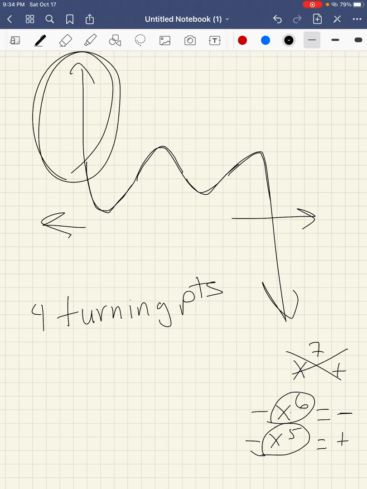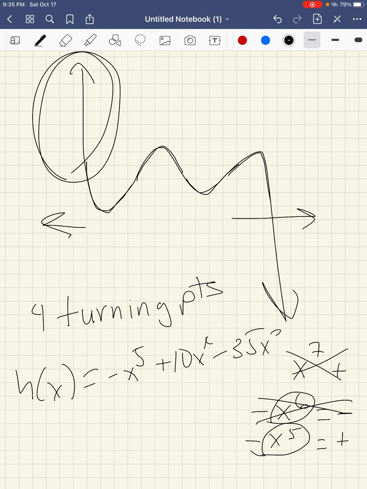That's what this is, a big positive number. So it can't be this one. So that means it has to be h of x equals minus x to the 5th plus 10x to the 4th minus 35x cubed plus 50x squared minus 24x.